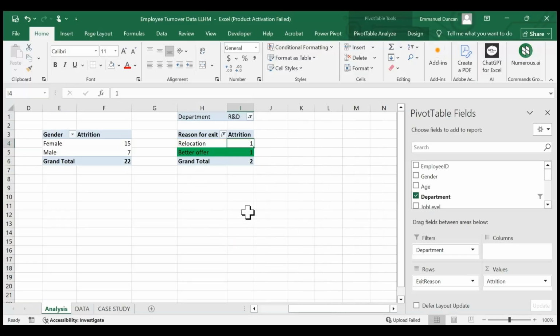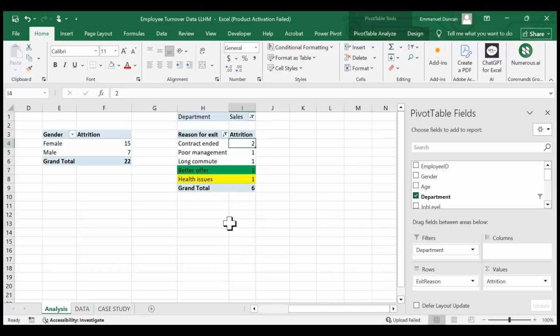In research and development, we had 2 people from the research and development department. Then with the sales department, we have 6 employees who had left.